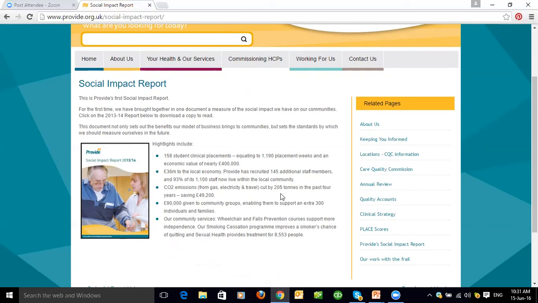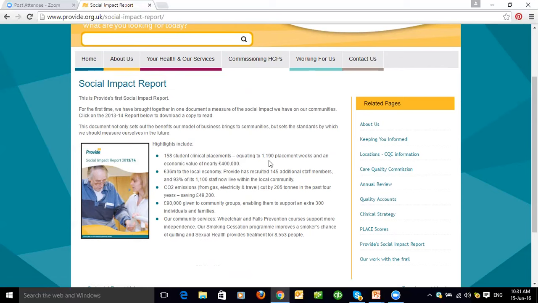So as you can see from just the highlights, you can go into the report. It's an extensive report. They've made it all glossy and pretty with their marketing team, but the reporting data is something that I actually produced and did the analysis for them. But as you can see, from having 158 students doing clinical placements within their organisation, this has got an economic value of nearly £400,000.